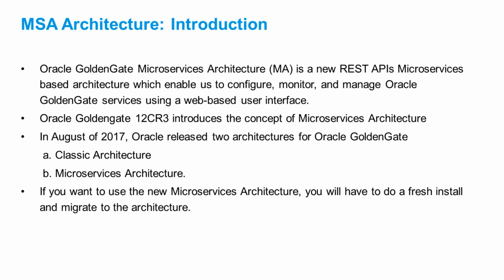Oracle GoldenGate microservices was introduced from the 12c R3 GoldenGate version onwards. So from August 2017 onwards, you have two architectures available. The older architecture was renamed to classic architecture, and the new one is the microservices architecture. If you want to use the new microservices architecture, you will have to do a fresh install and migrate to the architecture.